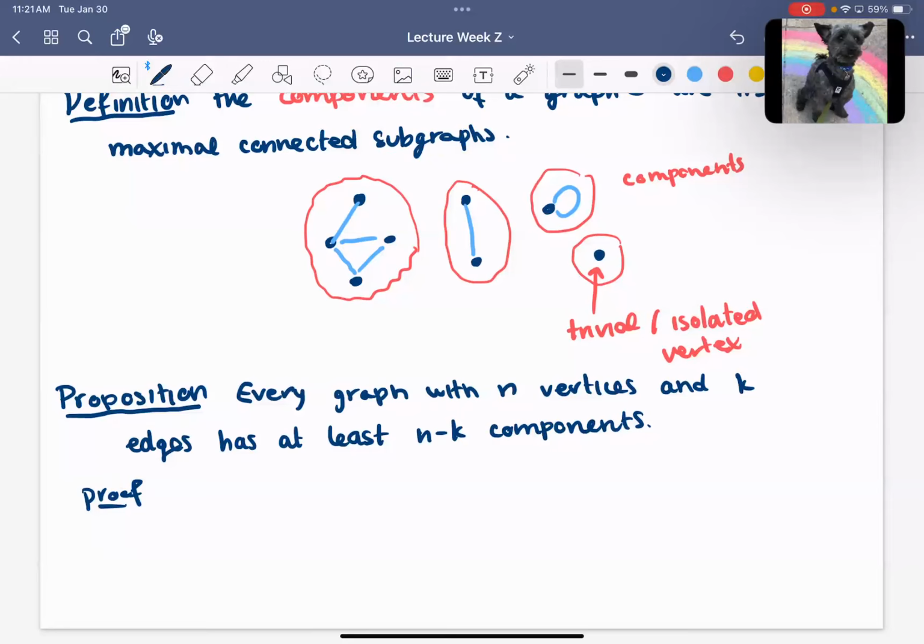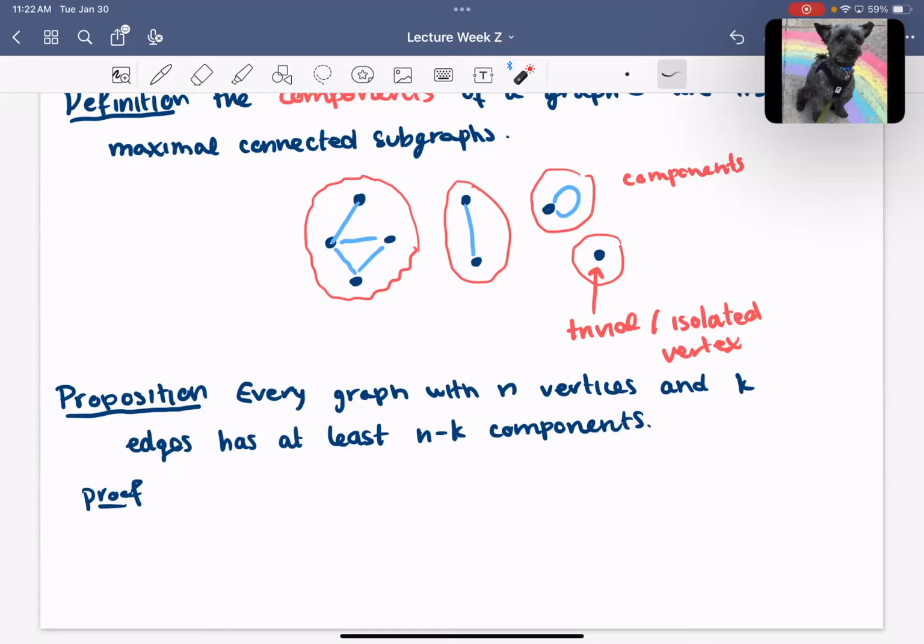So when I add k edges, it will reduce the number of components by at most k. That means the number of components has to be at least n minus k. Does that make sense? Maybe I won't write anything for that. It's just by that reasoning of what adding an edge does.